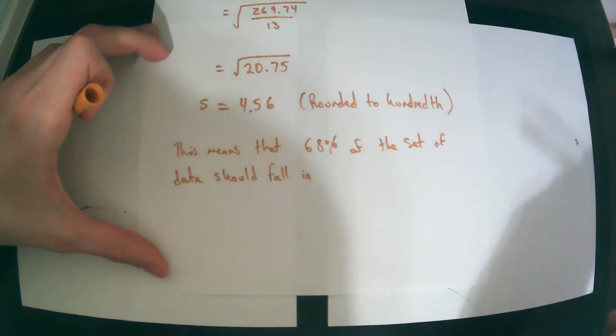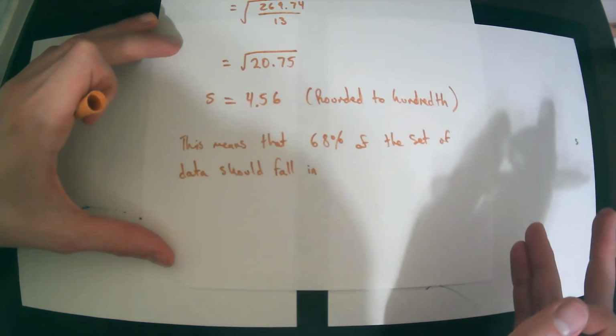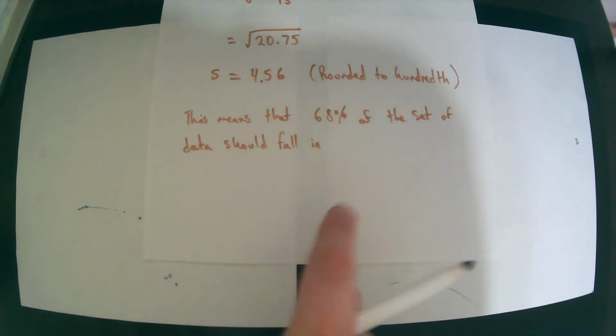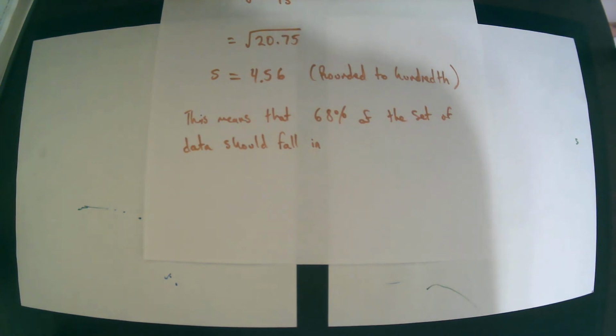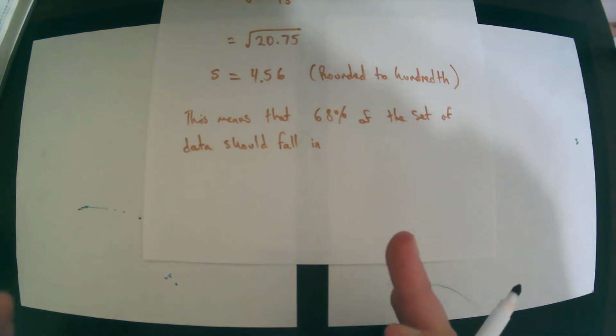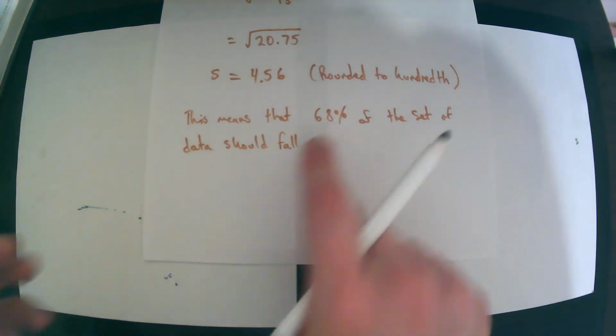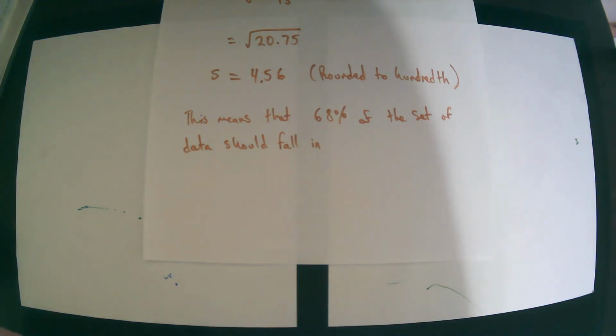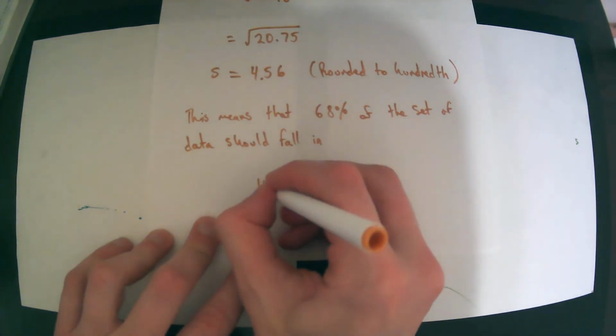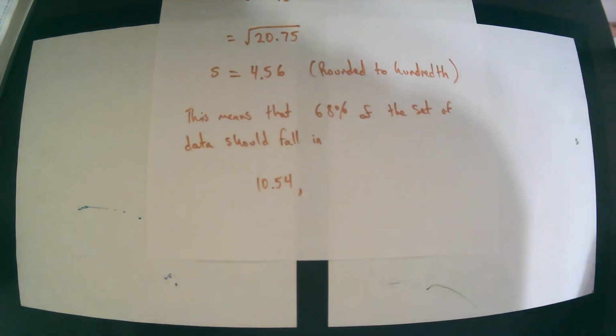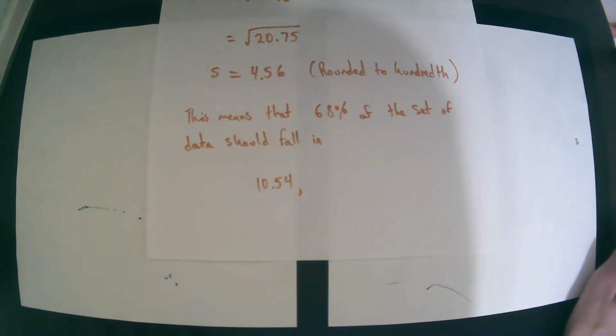What was the mean? It was 15.1. I'm trying to find the range here, and when I say range, I don't mean highest minus lowest. I mean the range of the interval that this data will fall into. So I'll take 15.1 and subtract a single standard deviation, and I'm getting 10.54. The other value will be 15.1, the average, plus a standard deviation, 4.56, which is 19.